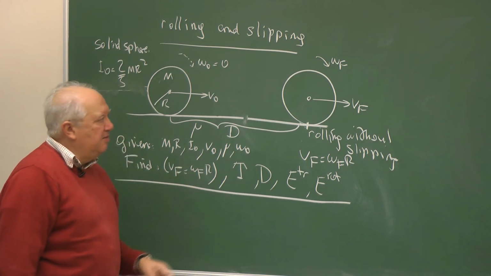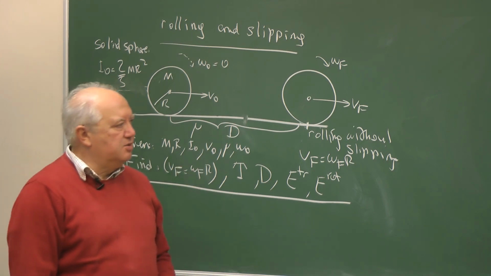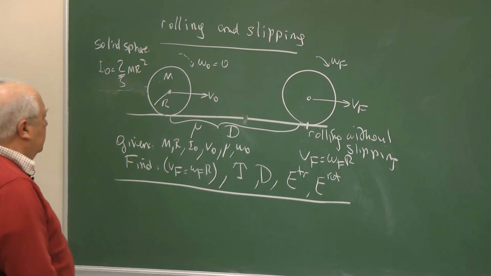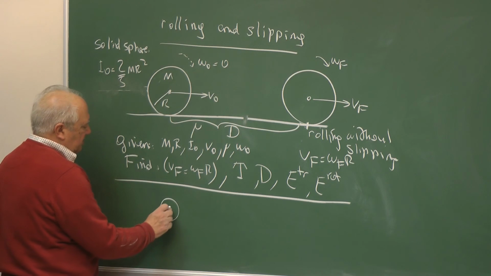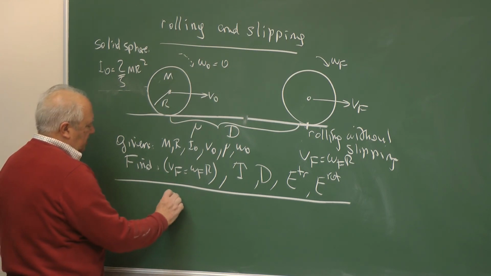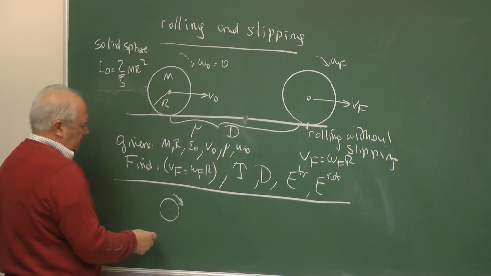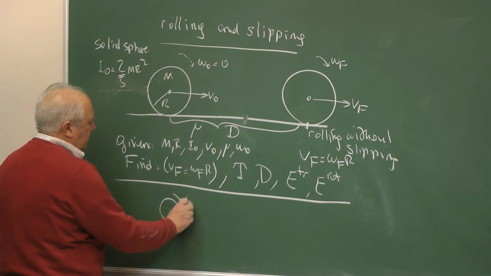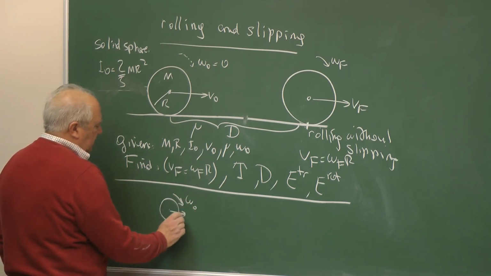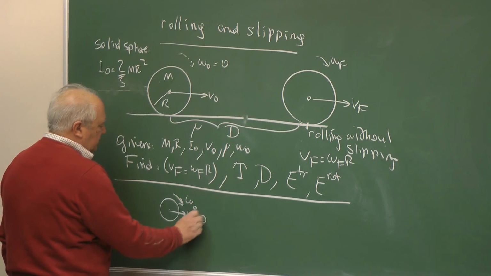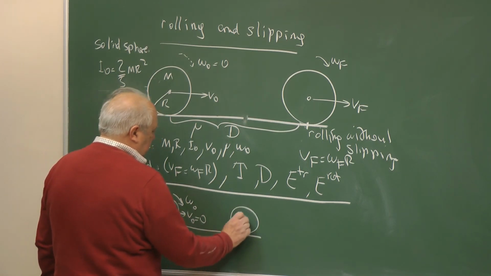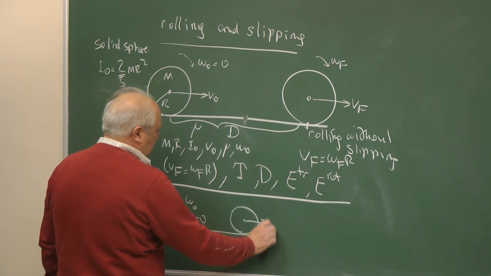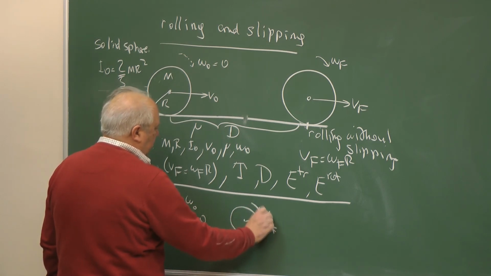Before this one, some time ago, in this series, I solved this problem so that you can compare. There was a cylinder. It could have been a sphere. I took a cylinder then. It was rotating with omega 0, and its velocity v0 was 0. It was dropped on a surface, and after some time, again, it's going with vf and omega f.